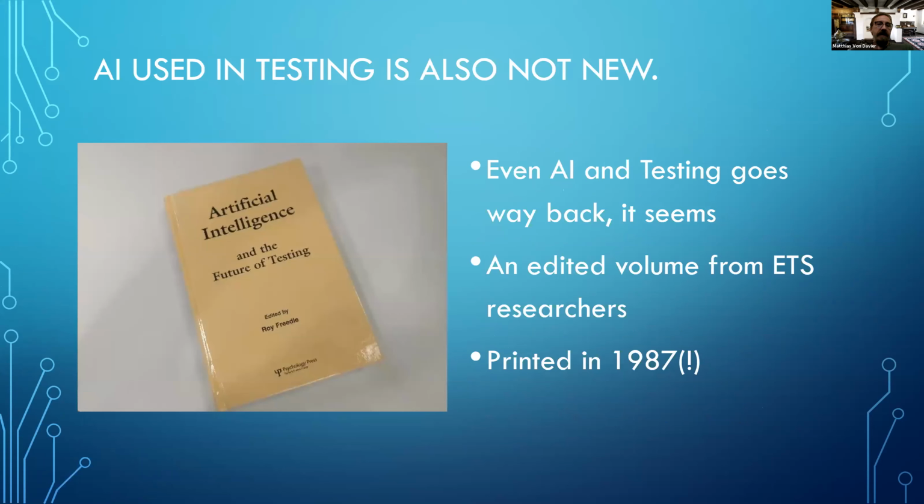In testing, as early as 1987, there was a volume put together at ETS about AI in testing. So all these ideas have been around for quite some time and have been evolving over the years, as we've seen in the last few talks as well. So it's getting more and more sophisticated.